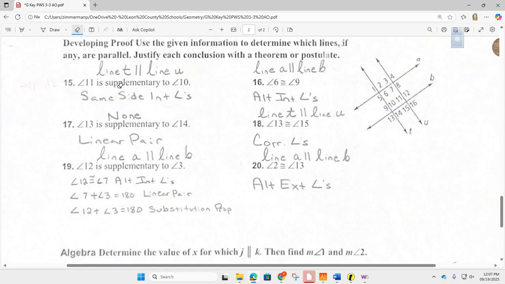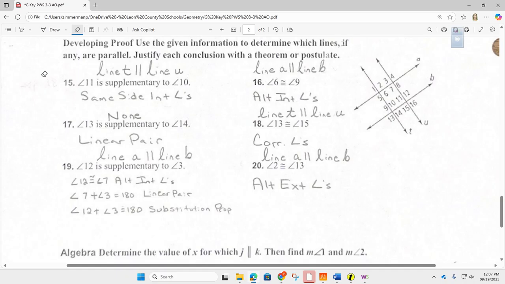Since it tells you that they're supplementary, we should be able to see that those are same side interior angles. And by definition, if the lines that are crossed by a transversal are parallel, then they'd be supplementary. So that's how we know T and U are parallel. T and U are the lines that are crossed by the transversal B.